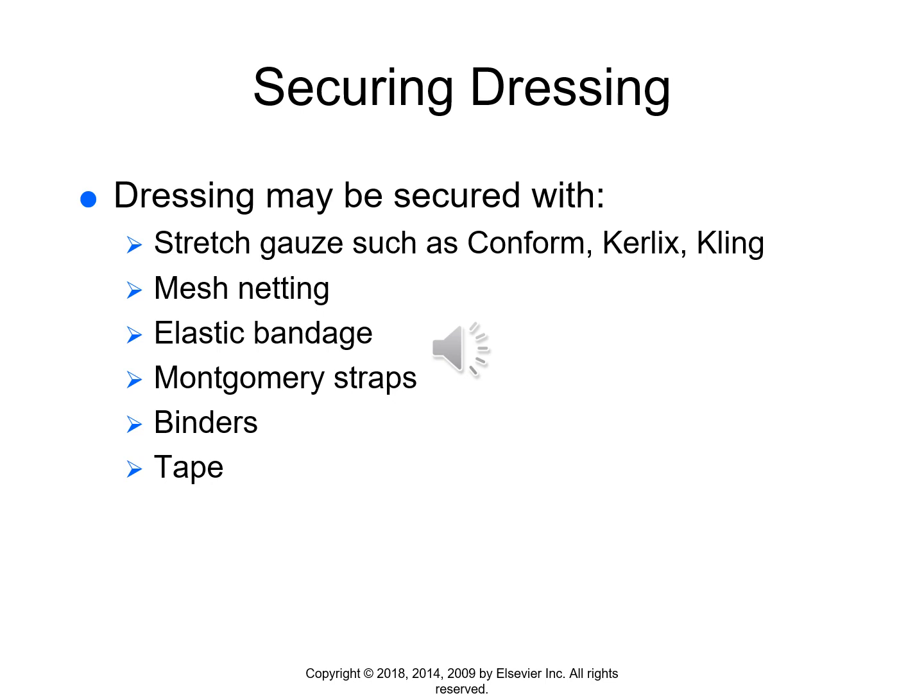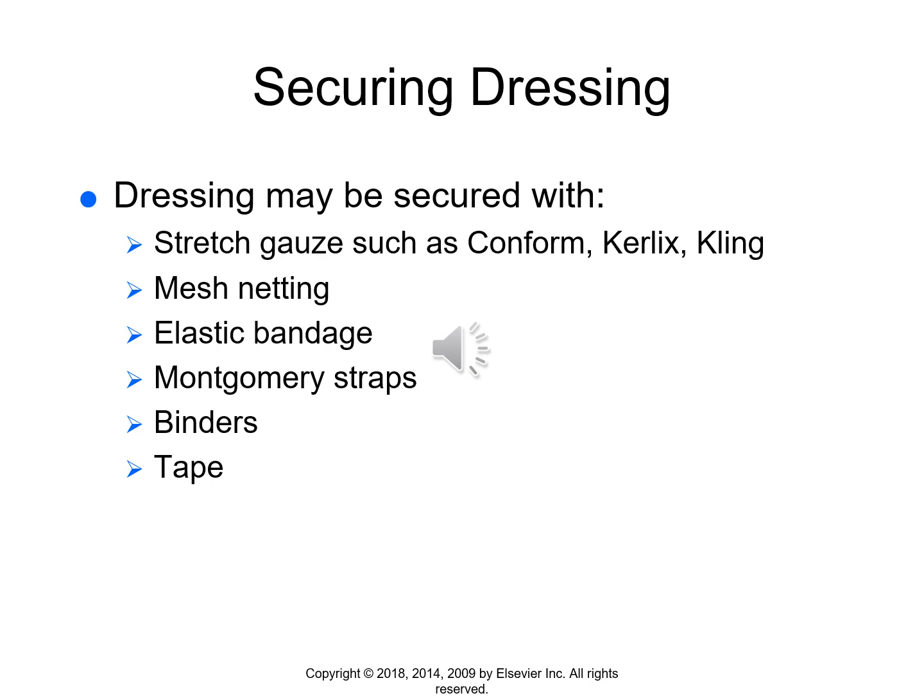So if I'm wrapping the leg, I'm going to start at the ankle and work my way up, wherever I'm starting from. Same thing with the arm. If I'm wrapping the arm, I'm going to work my way up towards the heart because I want to promote blood flow going back to the heart.